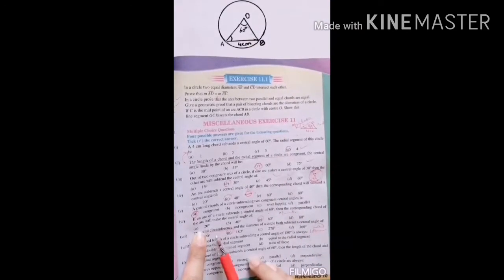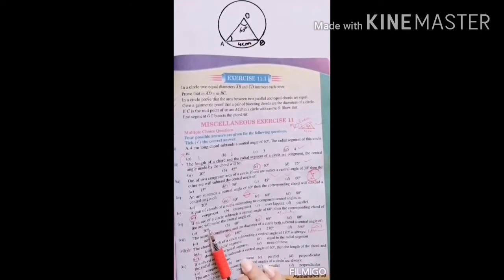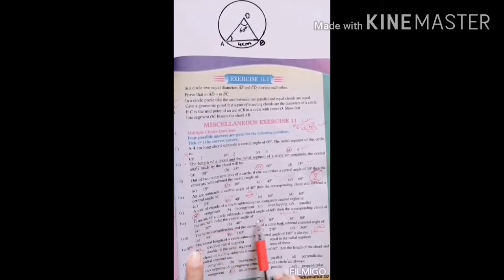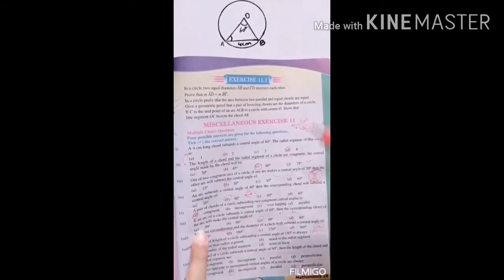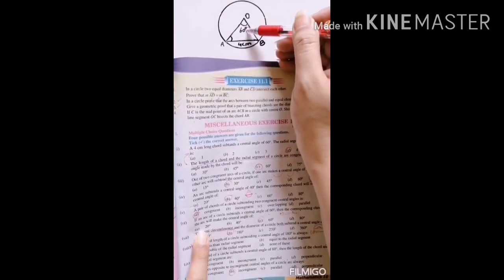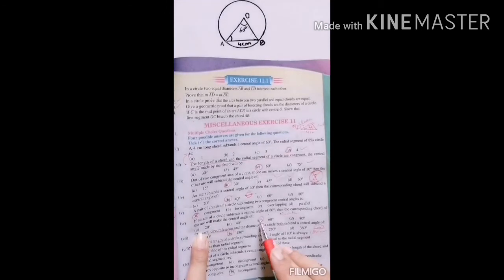It is the same statement, only the angle is different: previously the angle was 40 degree, now it is 60 degree. If an arc subtends a central angle of 60 degree, then the corresponding chord will also subtend an angle of 60 degree. Option C is the correct option.